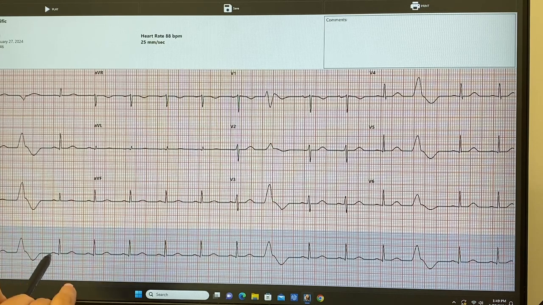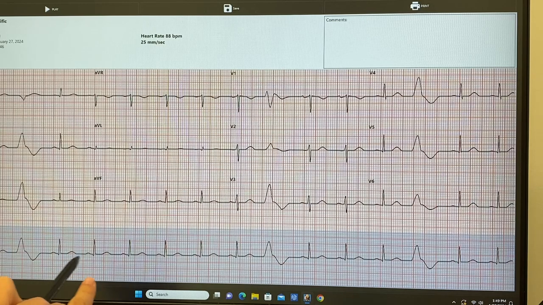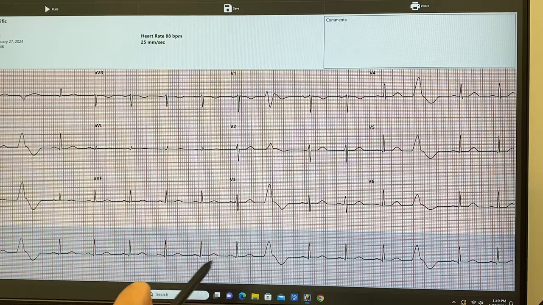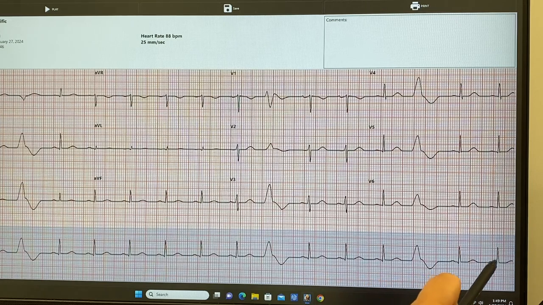P waves are present, so it's smooth, equal on both sides. Except, of course, for those times, but otherwise they're consistent. I have one P wave for every QRS, except at these abnormalities.